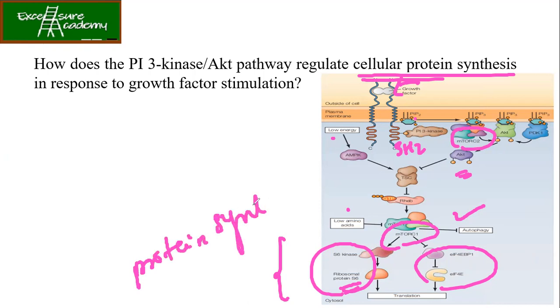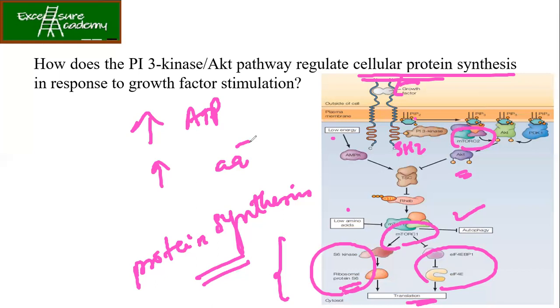Okay, so this is something which we have already taken in the lecture, right? And it is talking about translation, so it is about protein synthesis. That's why you guys shouldn't get confused. Suppose I had asked here that growth factor stimulation is happening, but we have a high amount of energy, so much energy is there, high amount of amino acids are there, then what should happen?